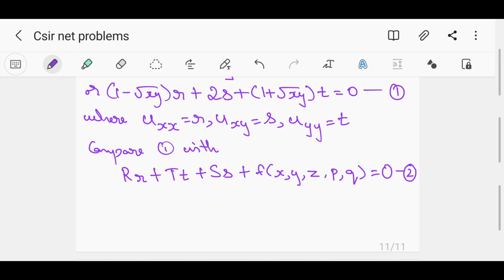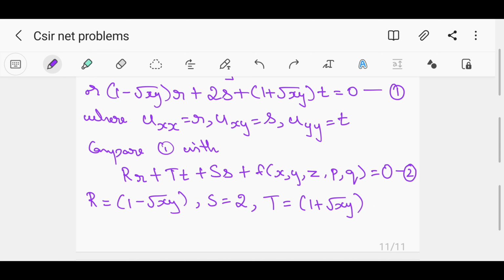So capital R is equal to 1 minus root xy, capital S is equal to 2, and capital T is equal to 1 plus root of xy.